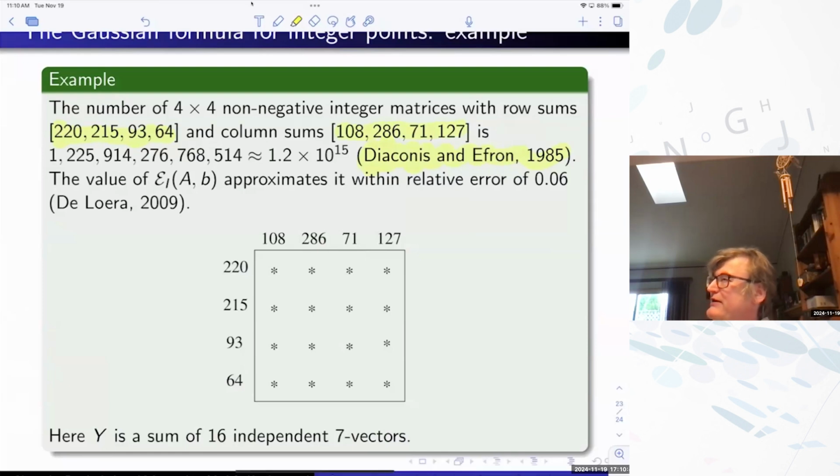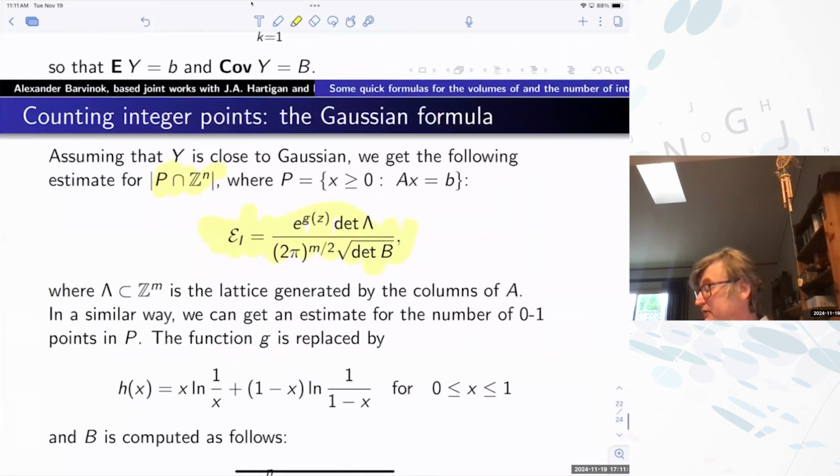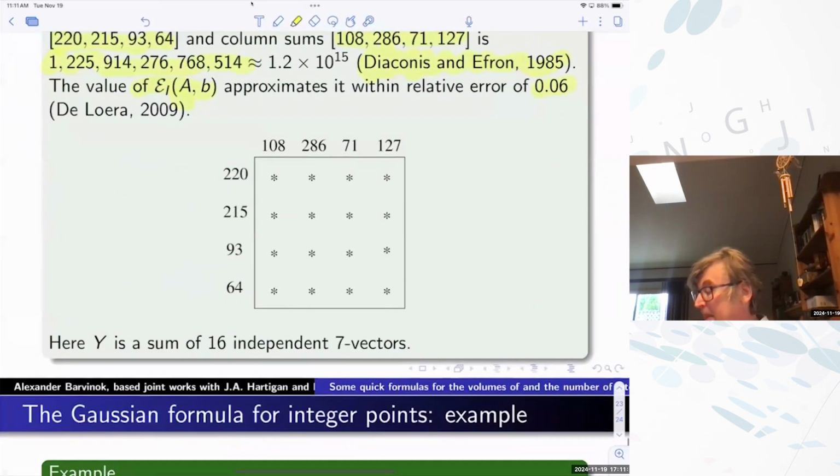Because that's a test of a correlation between eye color and hair color. And here's the exact number of such tables. And Jesus de Loera computed the approximation for us, and it's off by 6%, which I consider to be pretty good. So that formula gives you 6% error.